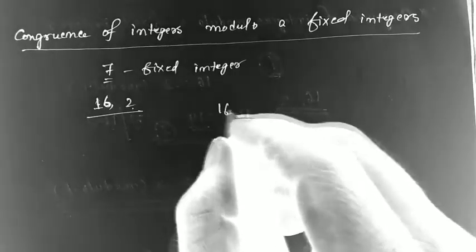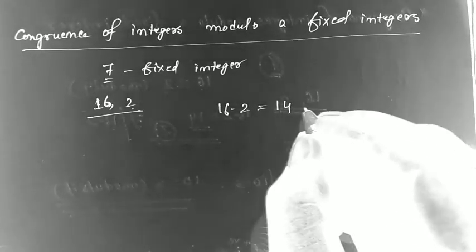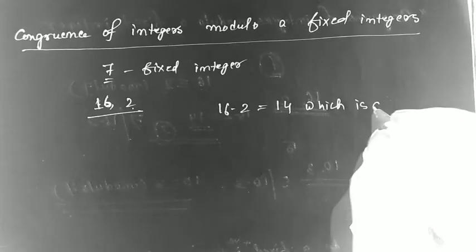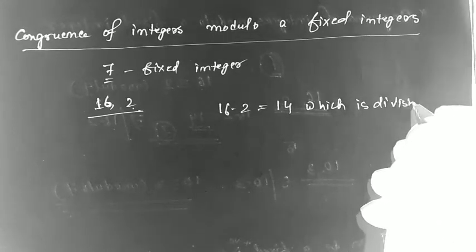We know that 16 minus 2 is equal to 14, which is divisible by 7.